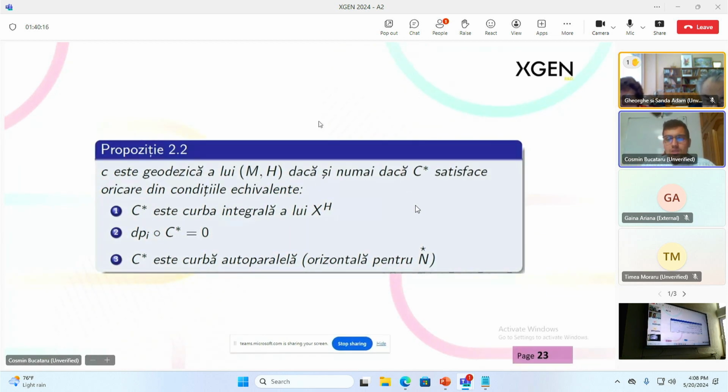And this is the proposition, an original result, which is joint work with my coordinator, Nicoleta Voicu. And these conditions are equivalent. We wanted to show that if C star is the integral curve, then the properties 2 and 3 are also equivalent.